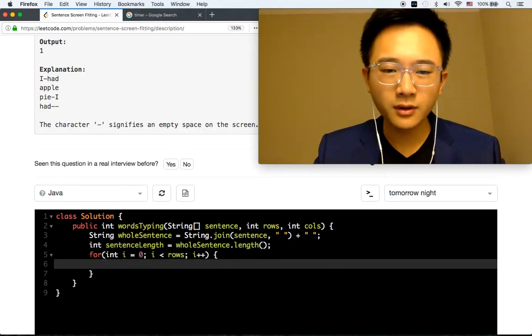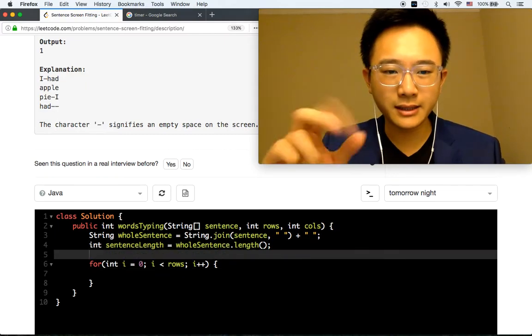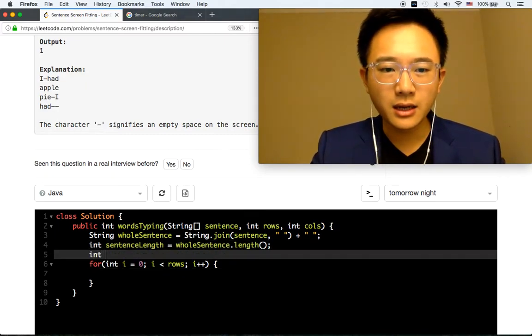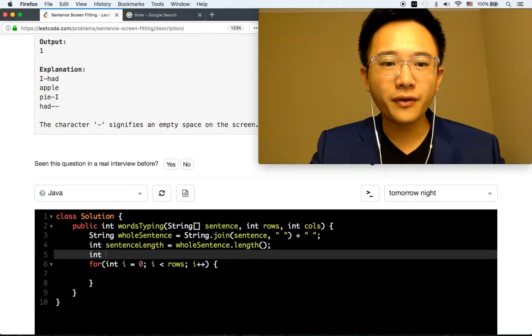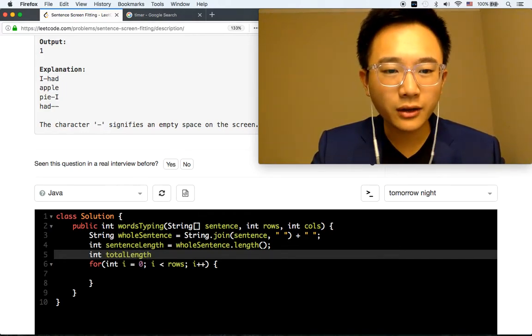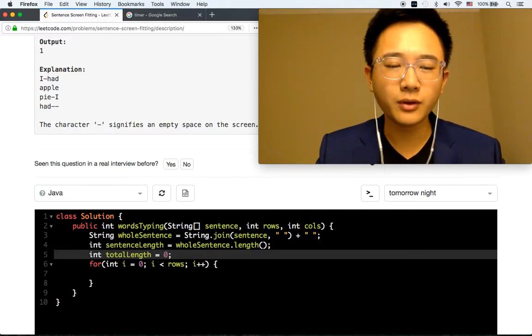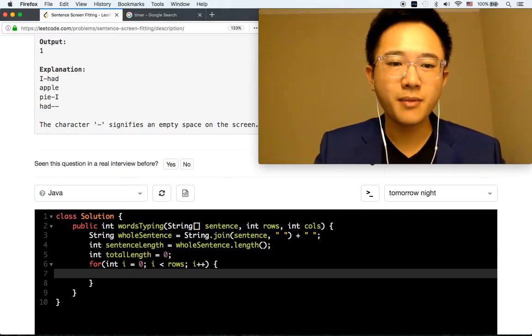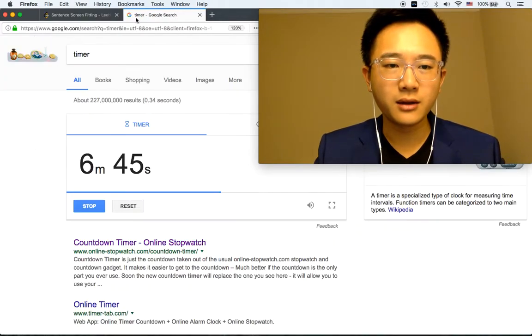Now, just like I said, we need the total length, which is 0. So we're going to use total length to divide it by sentence length.